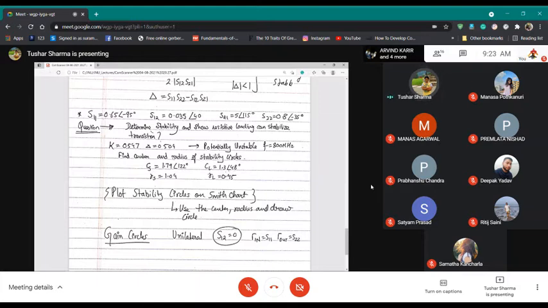Whatever we have told is mostly a recap, but once you know the center and the radius of the circles, you will go ahead and plot it on the Smith chart. Prabhanshu and other folks from IIT Bombay, the model that you have created has some S parameter behavior. Is that correct? So your model can plot S parameters, right?